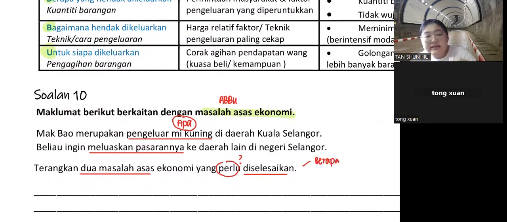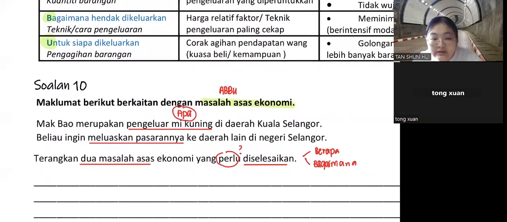Did they tell you how they produce? No, they didn't. So bagaimana. They only solved the upper end, their target customer, the pasaran. So these two things were never mentioned at all, which means unsolved. So you tell me, masalah yang perlu diselesaikan.